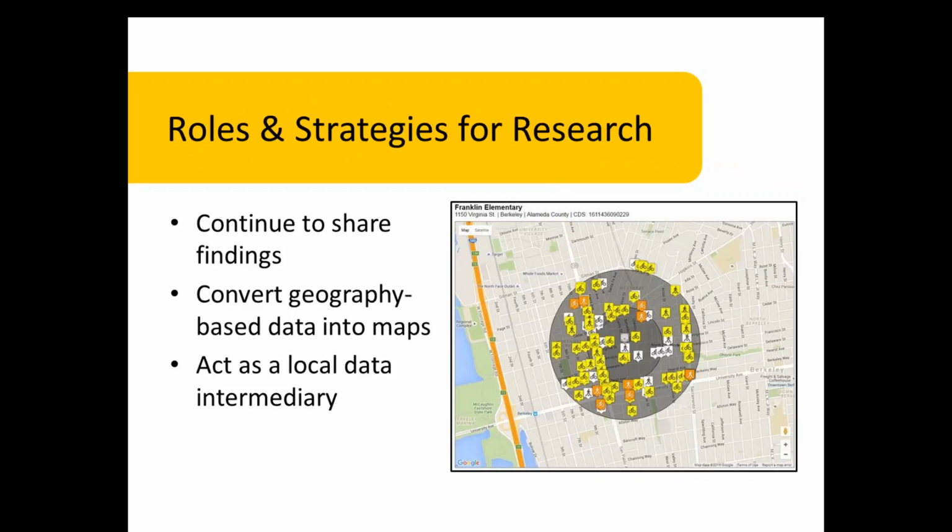Roles for research, and again, we included universities, research organizations, and large nonprofits. These are organizations that are already collecting a lot of data. Really encouraging continuing to share findings. Again, converting data into maps if it's appropriate to do that, and then possibly acting as a local data intermediary.